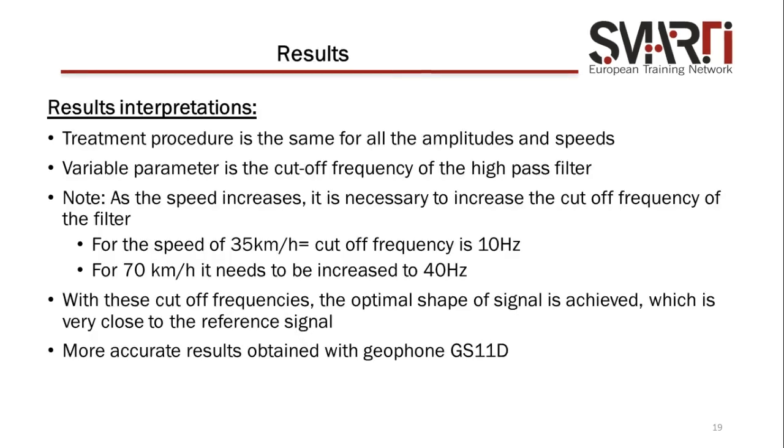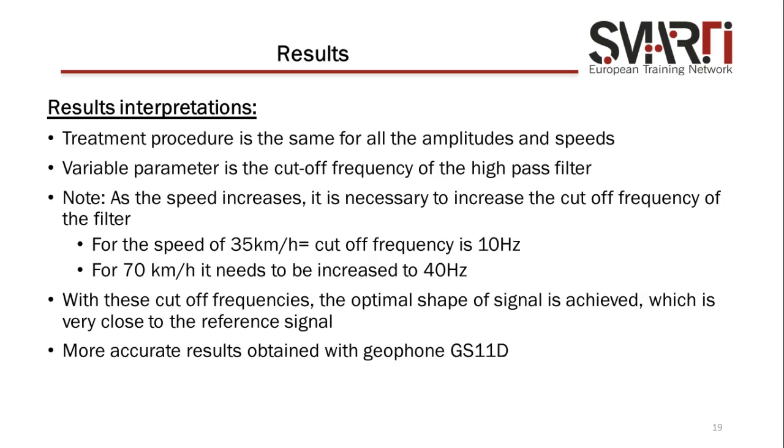The treatments for these results were pretty much the same, just with a difference in the cutoff frequencies, where the cutoff frequencies for higher speeds were higher and the cutoff frequencies for lower speeds were very low. Also the amplification depended on the speed of the vehicles.